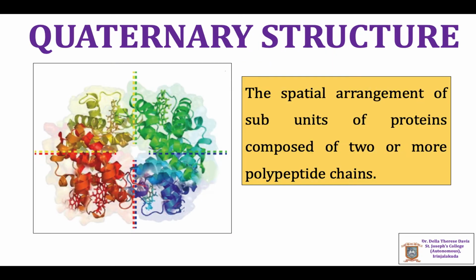Several proteins are composed of two or more polypeptide chains, and these polypeptide chains are called subunits. The spatial arrangement of these subunits with respect to each other is called the quaternary structure of that protein.